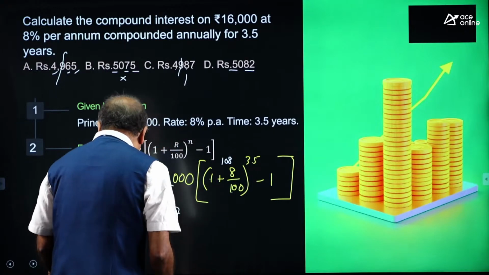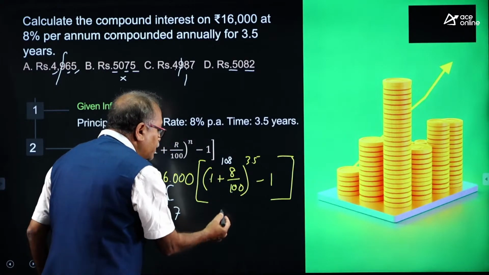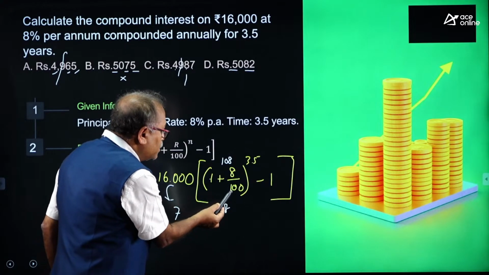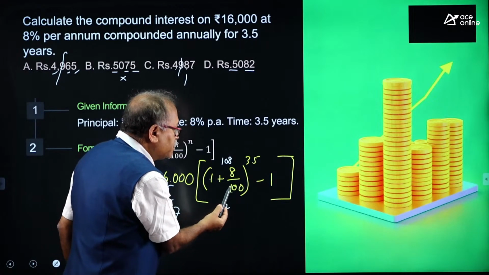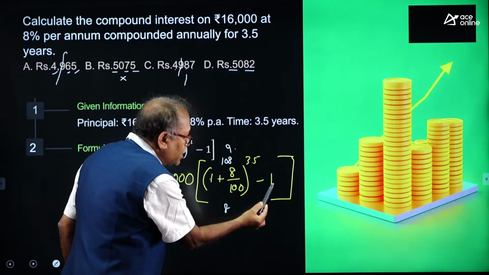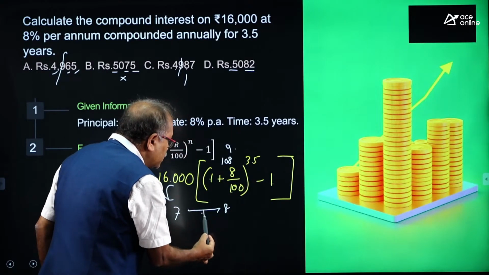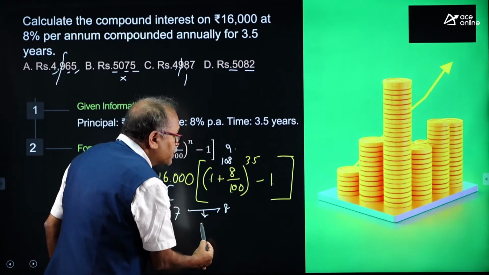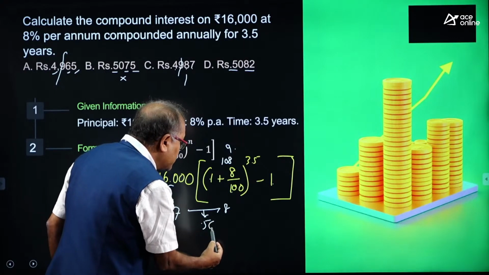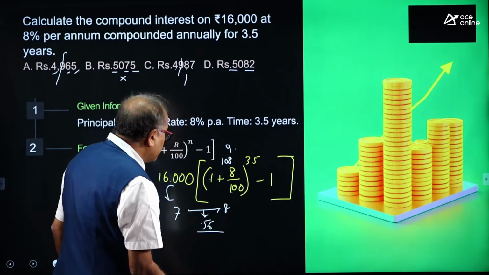I made a small mistake over here, this is 8, am I right? So, 9 minus 1, this is 8, 8 7 is 56. 7 8 56, am I right?